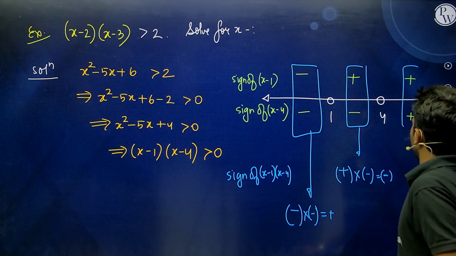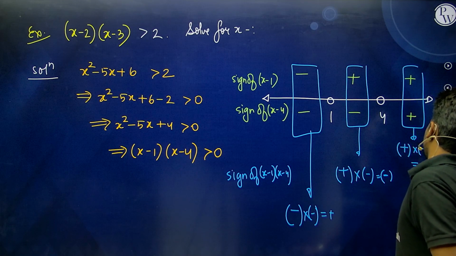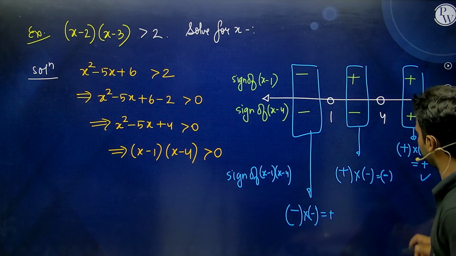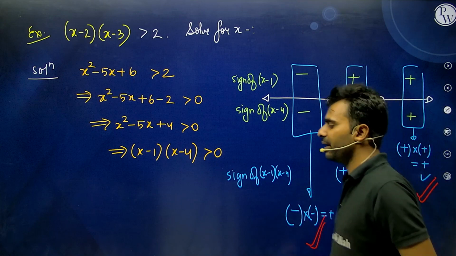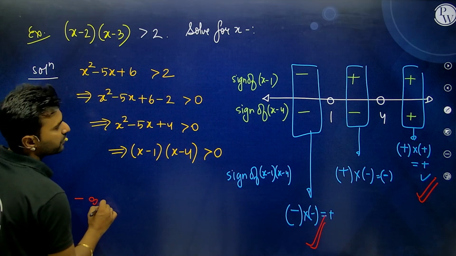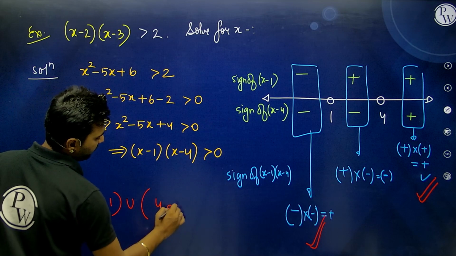And over here it is positive times positive, that is positive only. So what you wanted here was the expression to be positive. Positive means this region and this region is your answer. Combine these two regions to get the final answer, and your final answer is minus infinity to 1 union 4 to infinity.